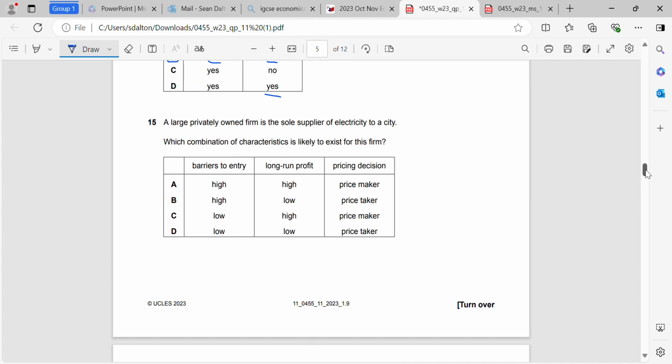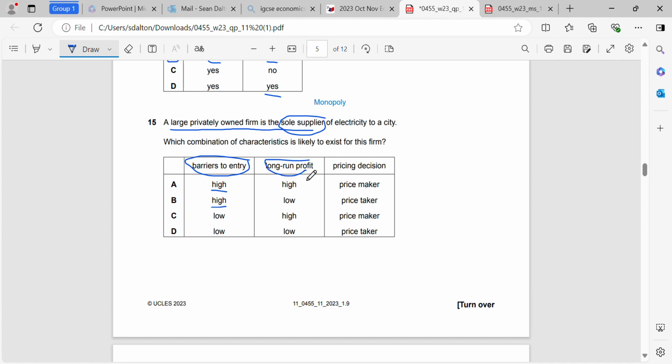A large privately owned firm is the sole supplier of electricity to a city. What combination of characteristics is likely to exist for this firm? Okay, so the first thing here is that a large privately owned firm is the sole supplier. What does that tell us? The fact that they're the sole supplier tells us that they are a monopoly, right? And if we know our characteristics of a monopoly, we know that the barriers to entry have to be high, right?